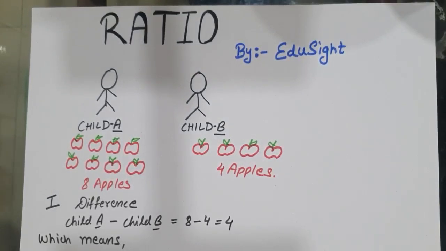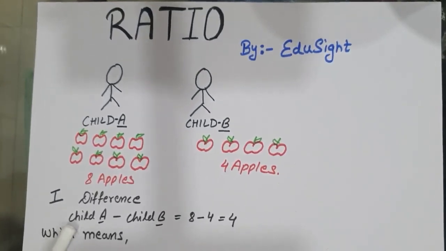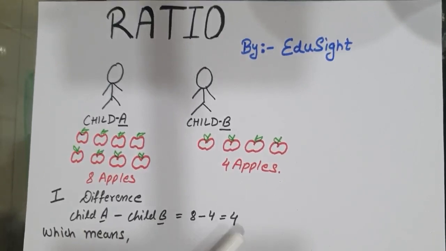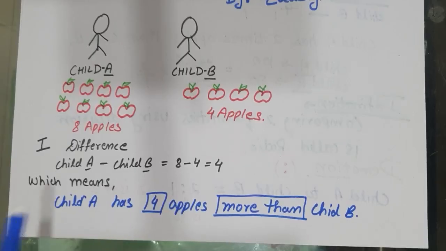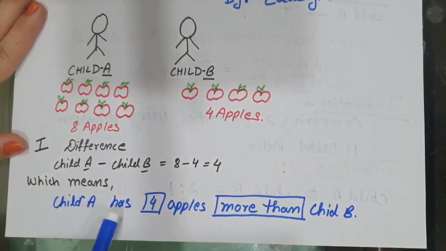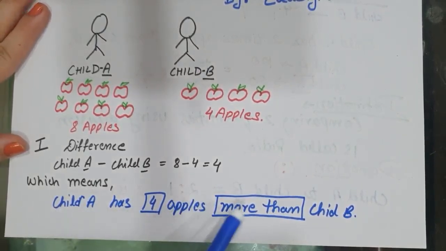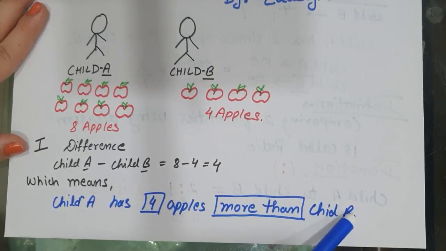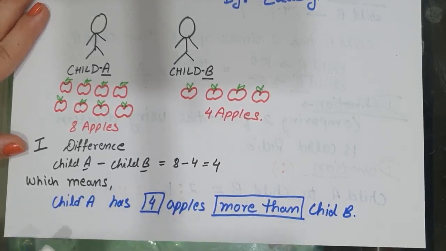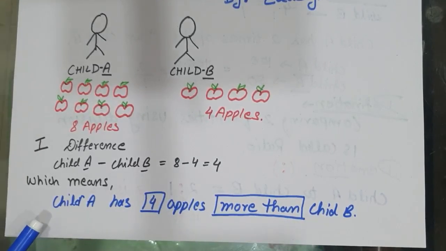We can find out child A minus child B is equal to 8 minus 4, which is equal to 4. Which further means child A has 4 apples more than child B. And on the other hand, we can also say child B has 4 apples less than child A.